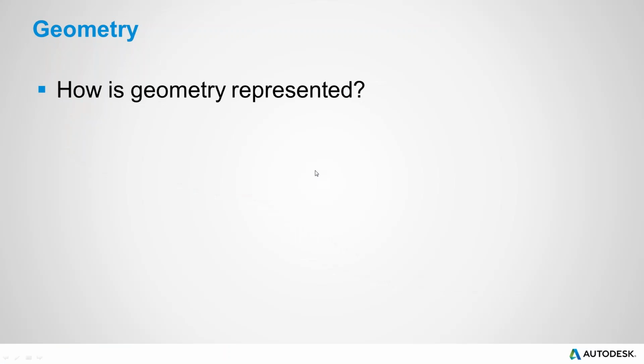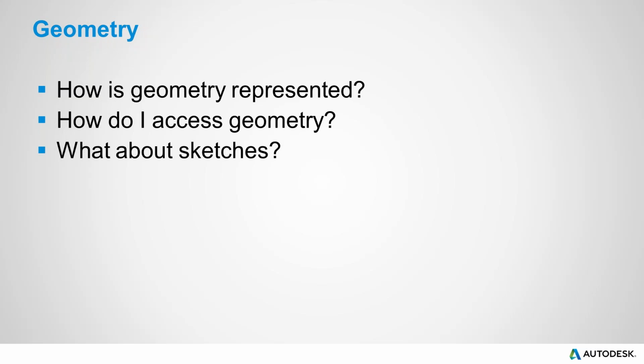Here's some of what I wanted to talk about. How is geometry represented? The update looks really slow here, but I'll keep going and talk through it. How do you get to the geometry that's in a Fusion model?